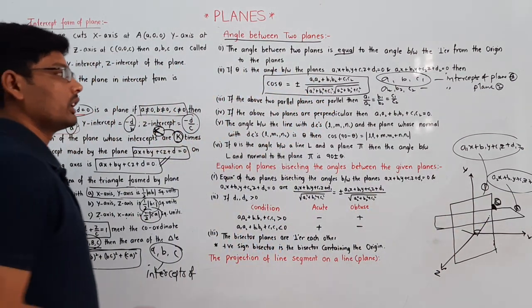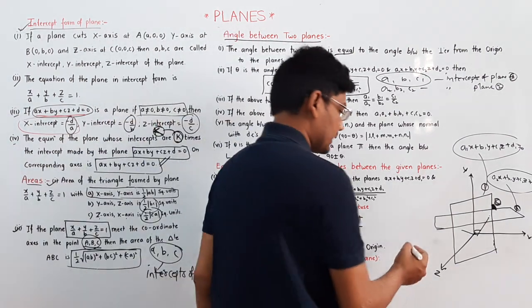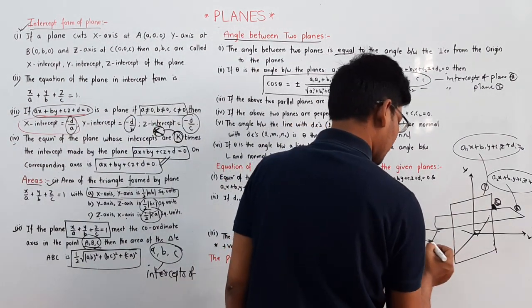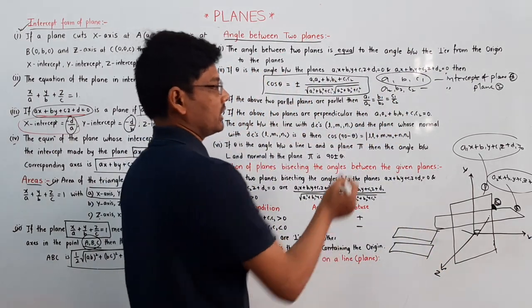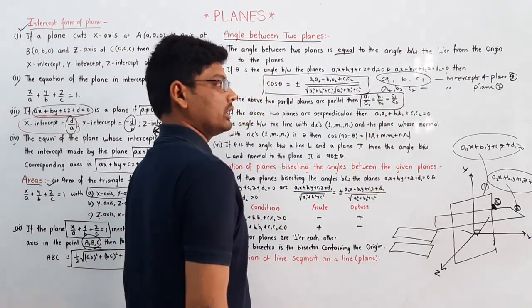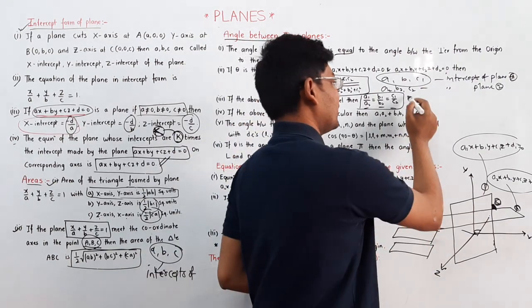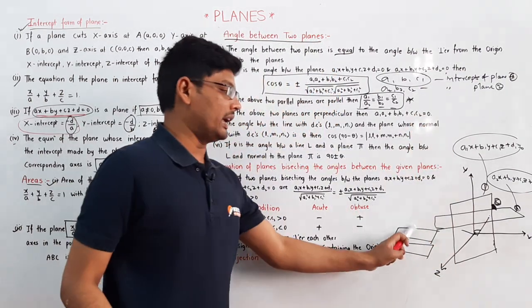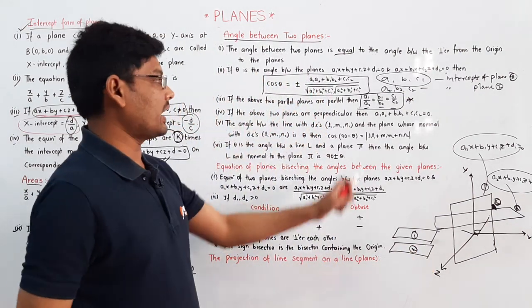And the third point: if the two planes are parallel, like this, then the condition must be satisfied that a1 by a2 is equal to b1 by b2 is equal to c1 by c2. If this condition is satisfied, then plane 1 and plane 2, we can say, are parallel.